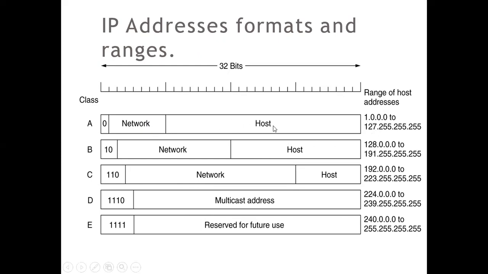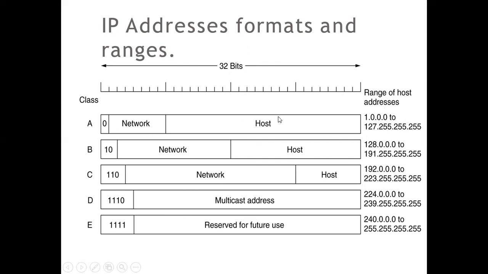The remaining 24 bits are partitioned into 8 bits, 8 bits and 8 bits. If all are 1s, we get the decimal value 255, 255, 255.